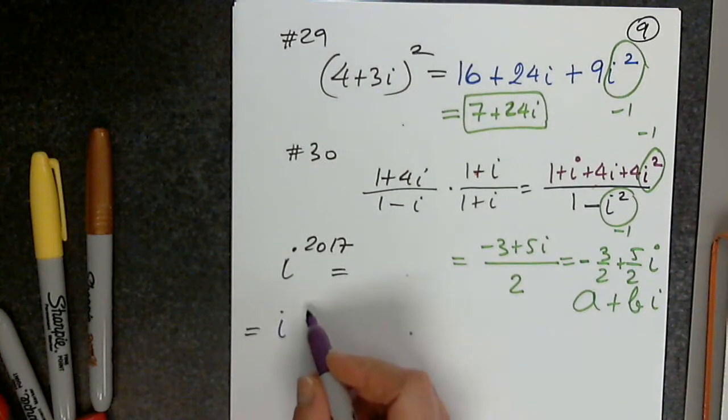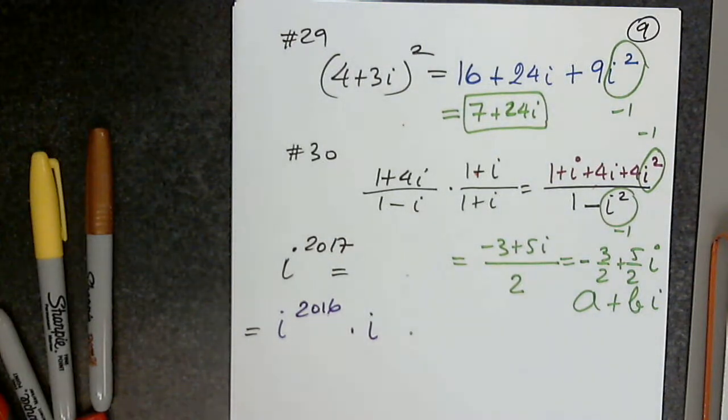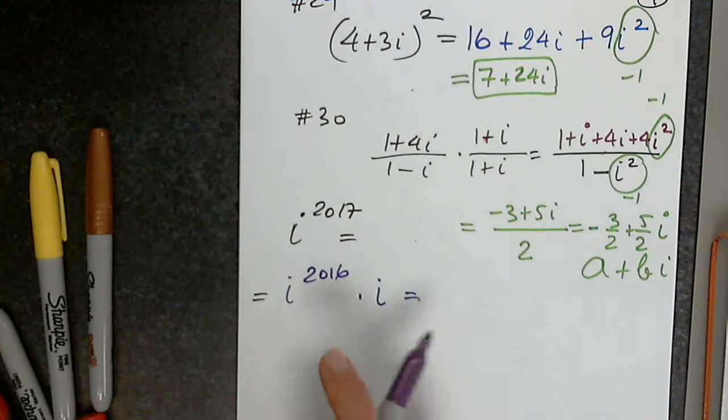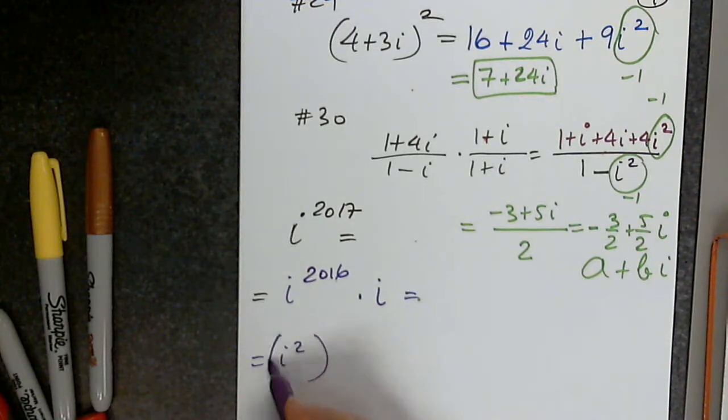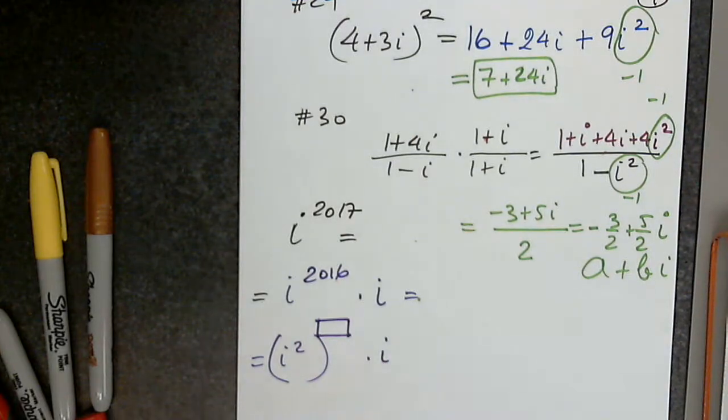So it's i raised to 2016 multiplied by i to which power? 1. But this is an even power. So I can write i squared, and I'm waiting for you to tell me what to write up here, times i.